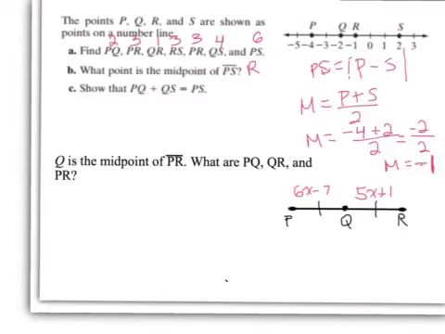So first, the measure of PQ we said was 2. The measure of QS we showed before is 4. And the measure of PS we saw as 6. 2 plus 4 is 6. 6 does equal 6, so you can show that that is true.